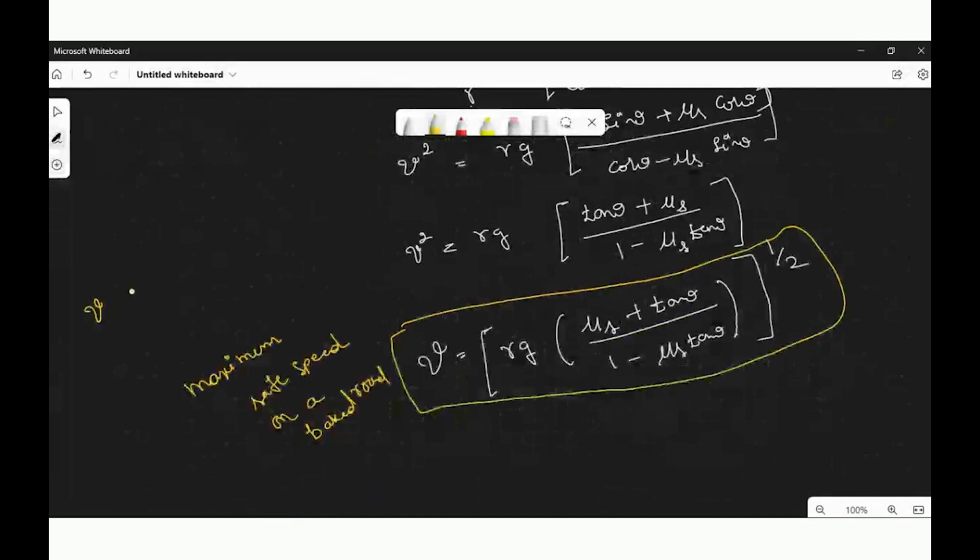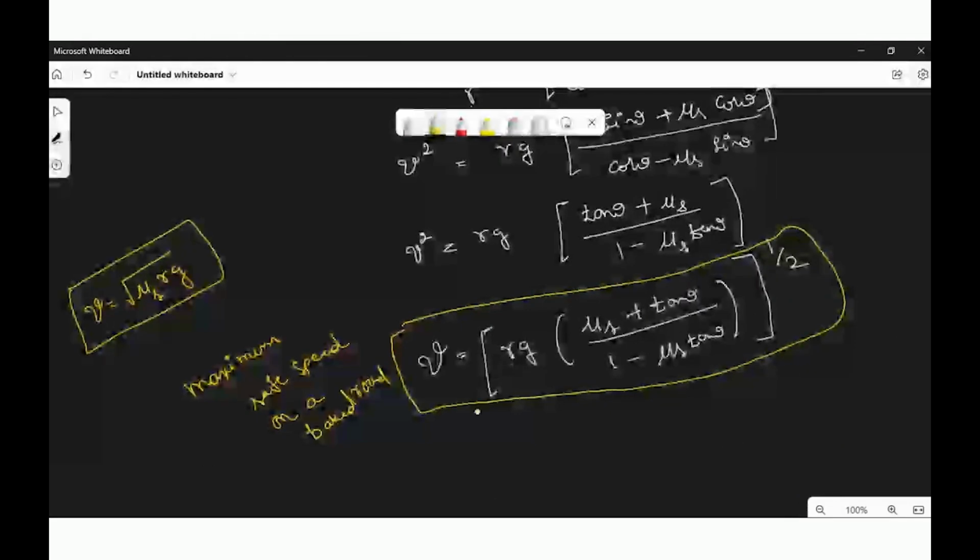So we had velocity equals the square root of mu s into r into g, so rg is fine under root. Now do you agree this (mu s plus tan theta) divided by (1 minus mu s tan theta) will be greater than mu s? Do you agree? Yes, sir. Yeah, obviously it is increased, right?